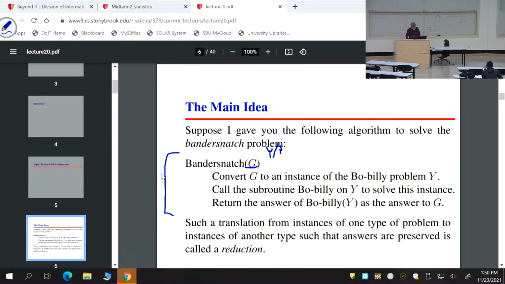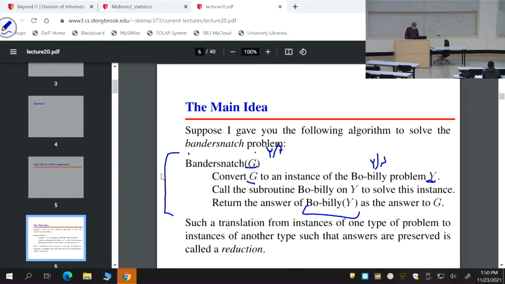And how does the Bandersnatch problem get its answer? In this algorithm, we translate the input of the Bandersnatch problem to the input of Bobilli, which is also a yes-no problem, in such a way that when Bobilli on the translated input Y is true, Bandersnatch of G is true.